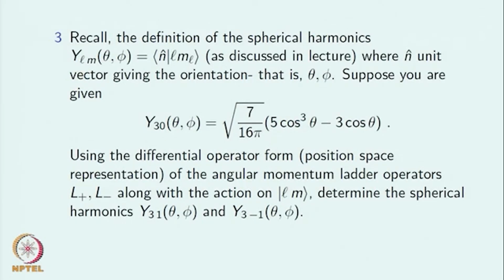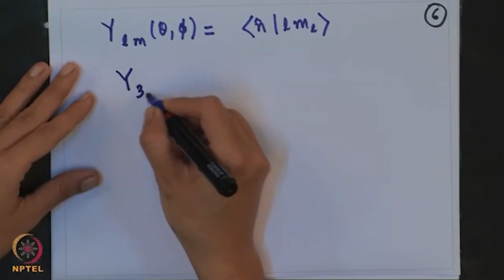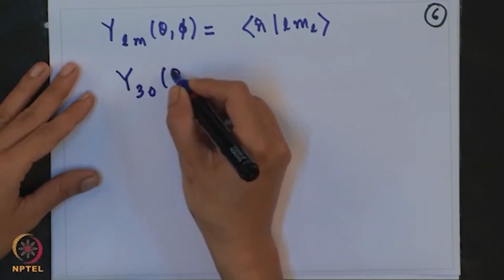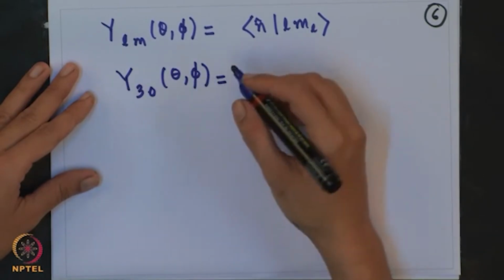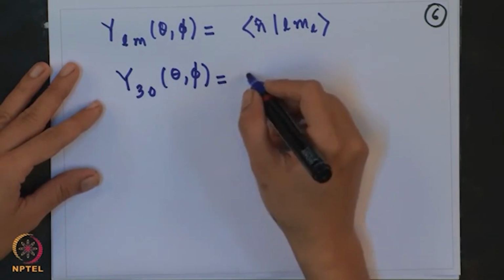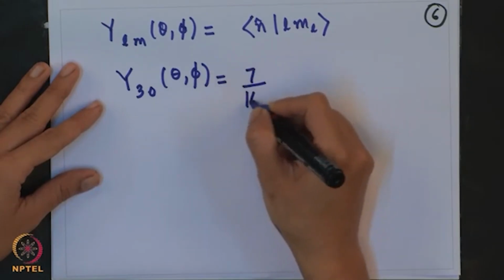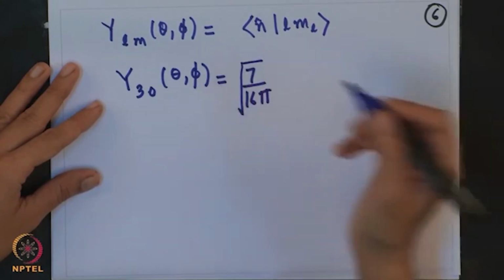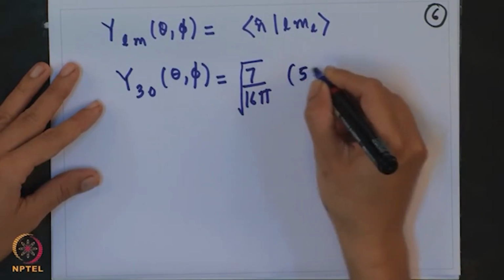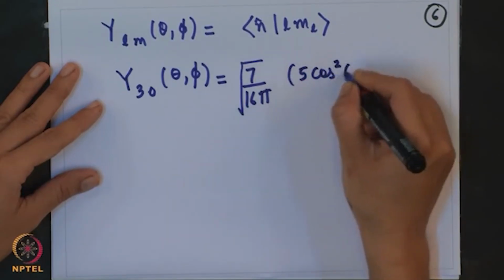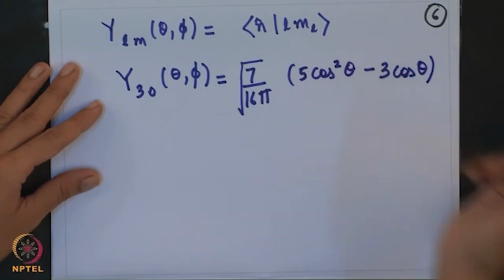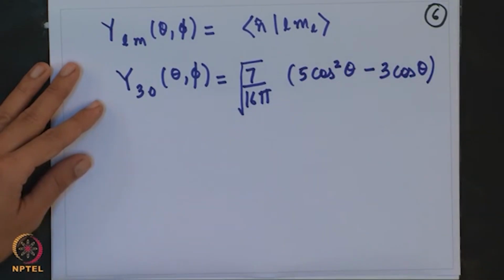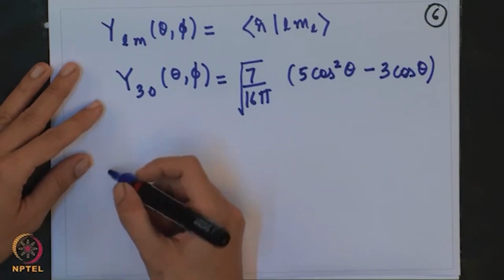What you are given is y30 as the square root of 7 by 16 pi times 5 cos cube theta minus 3 cos theta. This is given and you have to use the ladder operator.